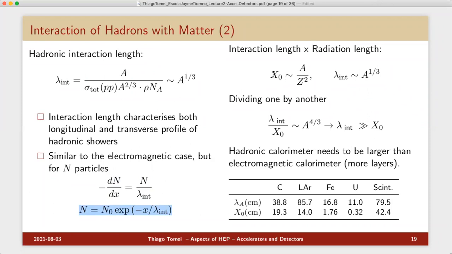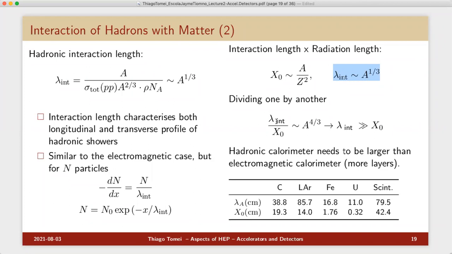And now notice that the radiation length, if you remember, went like something like A/Z². While the interaction length went like this. While the radiation length, yes, I know that the names are a bit unwieldy, but that's what it is, goes with A to the 1/3.